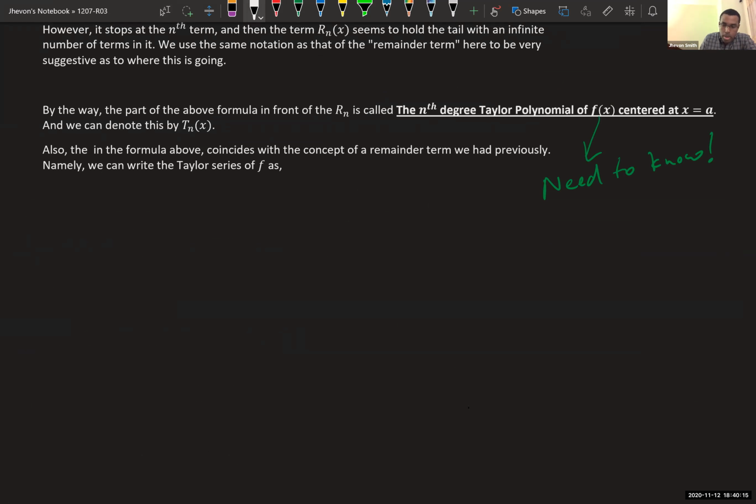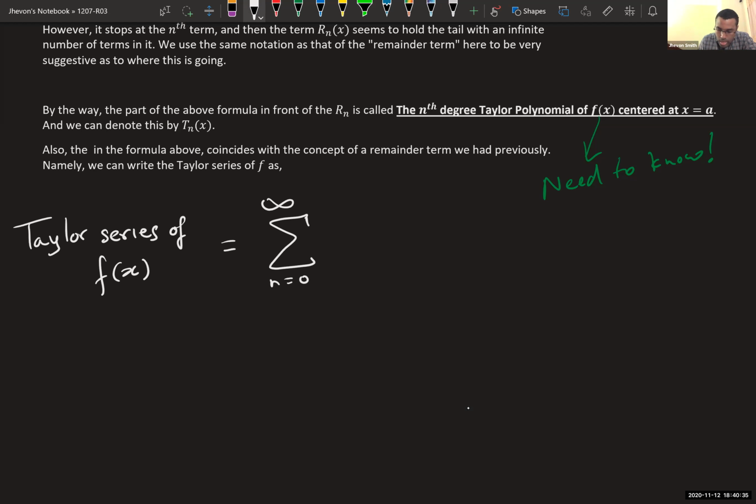So remember, you can think of the Taylor series of f as just the series, n goes from 0 to infinity of f to the nth derivative evaluated at x naught over n factorial times x minus x naught to the n.